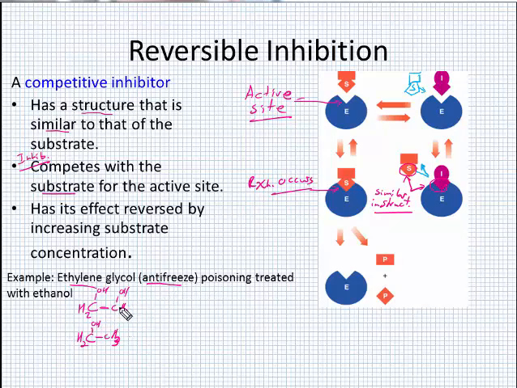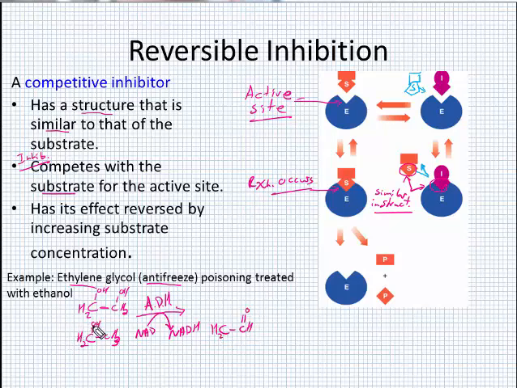So if someone gets ethylene glycol poisoning, the enzyme involved is called alcohol dehydrogenase. If you remember dehydrogenases, they involved NAD converted to NADH, so it was an oxidation. If it was ethanol, it would convert this to ethanal.